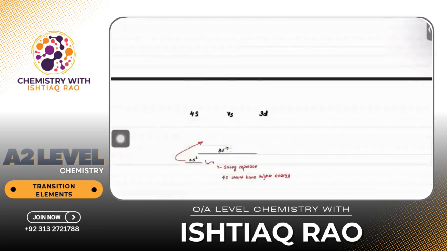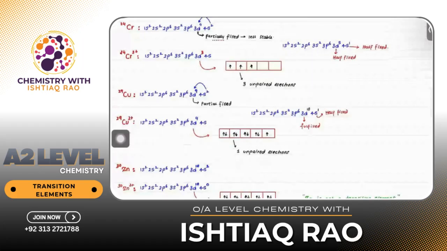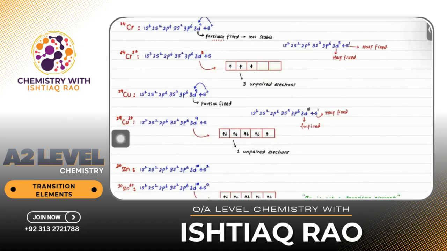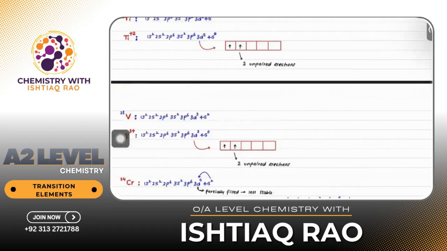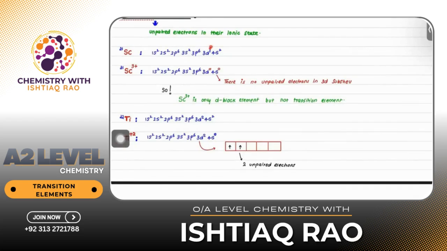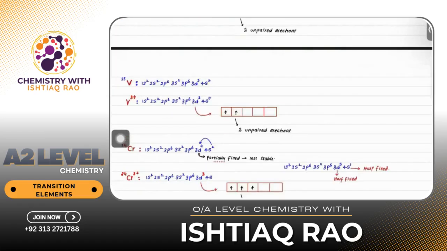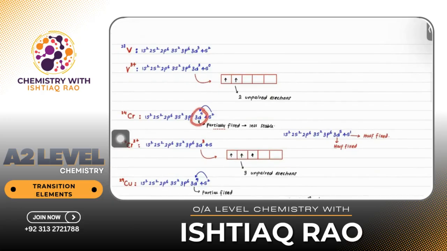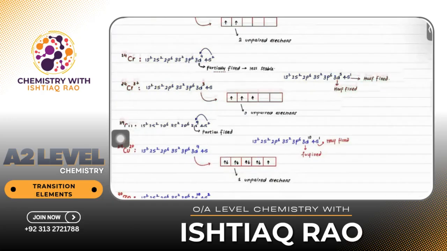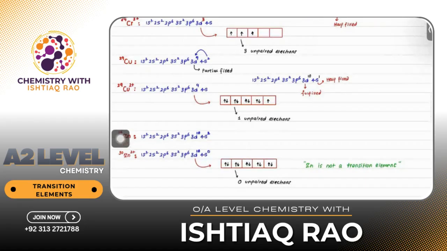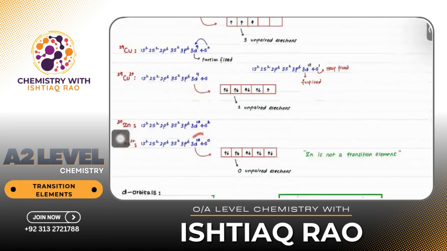If you notice the electronic configuration of all the d block elements, you will see that, starting from scandium, proton number 21, it goes 3d1, then 3d2, 3d3, 3d4, 3d5, 3d6, 3d7, 3d8, 3d9, 3d10.